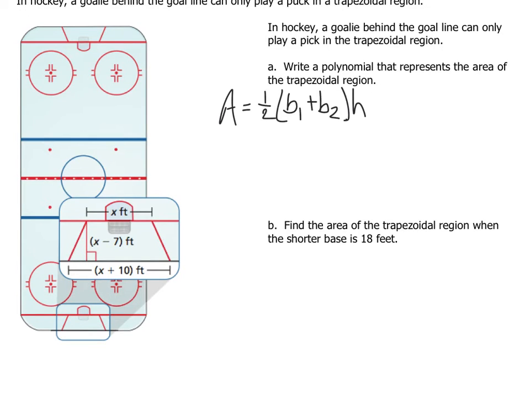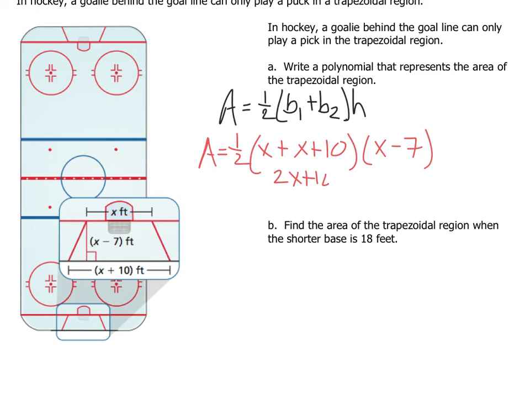So then, if I just start plugging in my info, base 1, and then base 2 would be the bigger one at the bottom, and then the height would be x minus 7. So using what we learned in a previous lesson, we first want to just add together to get 2x plus 10 for the inside.